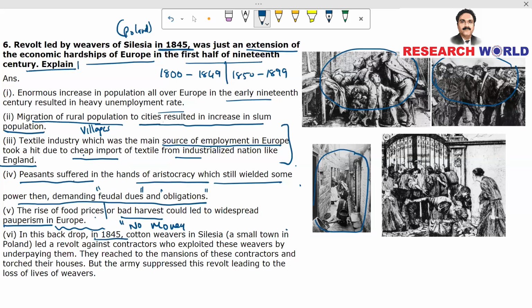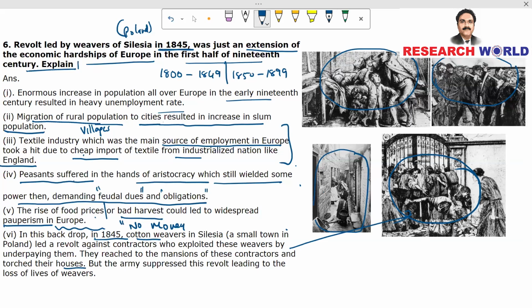In 1845, cotton weavers in Silesia, a small town in Poland, led a revolt against contractors who exploited these weavers by underpaying them. So they were not paid what they ought to get. They reached the mansions of these contractors, there is a symbolic portrait, and torched their houses.